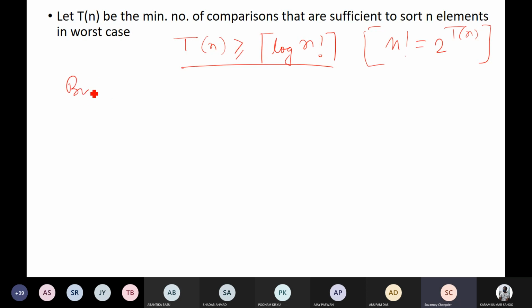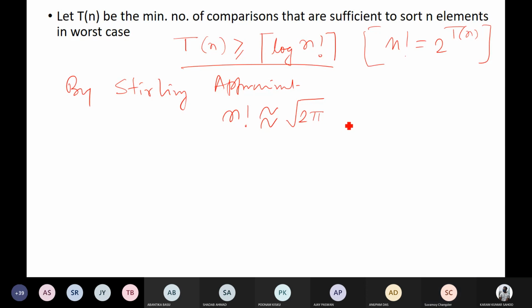Now, by Stirling's approximation, all of you are aware, we can write factorial n is approximately equal to root 2 pi n times n to the power n plus half, e to the power minus n.